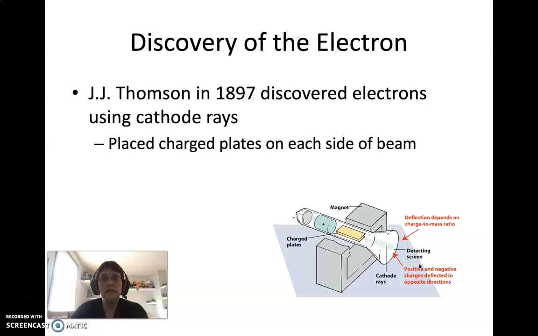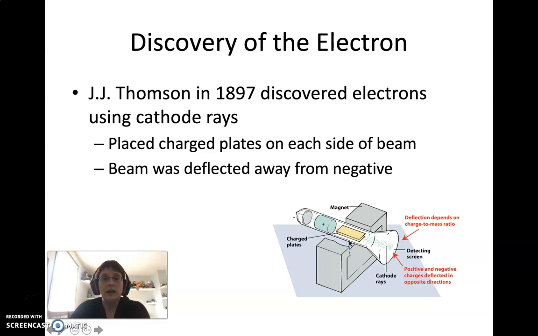What he did is he took this cathode ray and put inside of it plates that carried a charge. What he found is that when he created a negative charge at this end, the beam would bend, or be deflected, away from that negative charge.